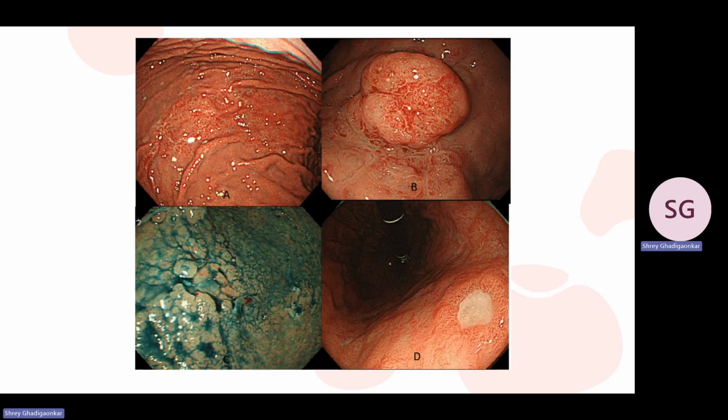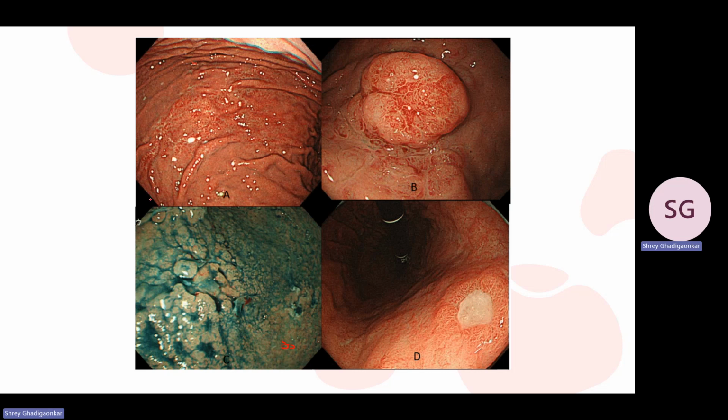Finally, we have a slide which depicts various endoscopic findings of gastric MALToma. In slide A, you have a gastritis-like pattern. In the B slide, you have a submucosal tumor-like pattern. In the C type, which is this one, you have an early gastric cancer-like pattern, and the staining here is the type of endoscopy known as chromoendoscopy.